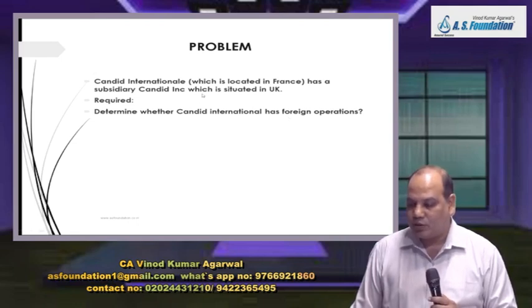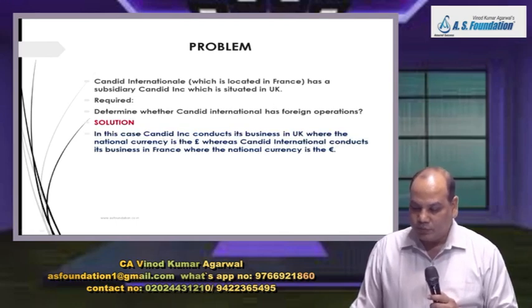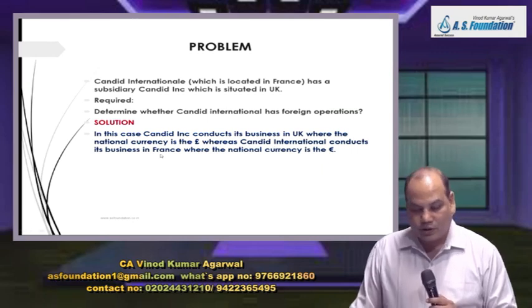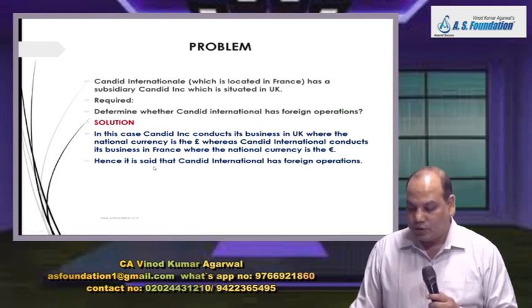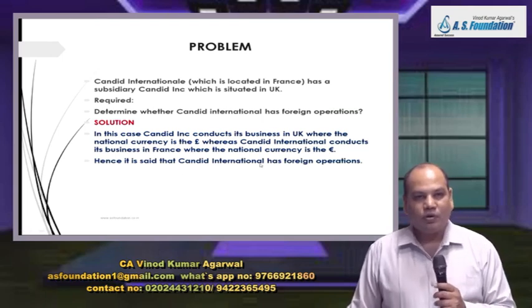Yes, a subsidiary located in a different country other than that of the reporting entity is a foreign operation. Candid Inc. conducts its business in UK, where the national currency is pound. So country is also different, currency is also different. Whereas Candid International conducts its business in France, where the national currency is euro. Hence, it is said that Candid International has foreign operations.